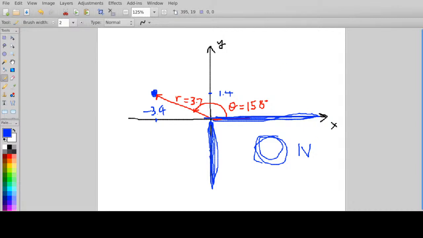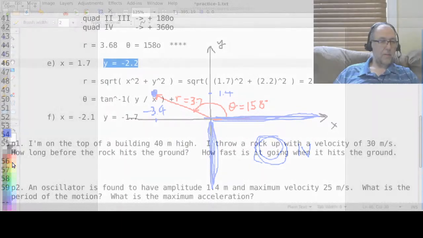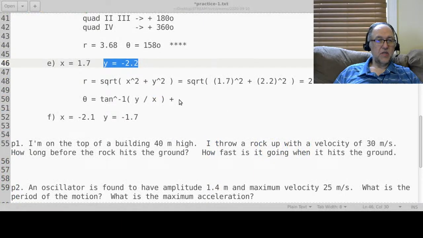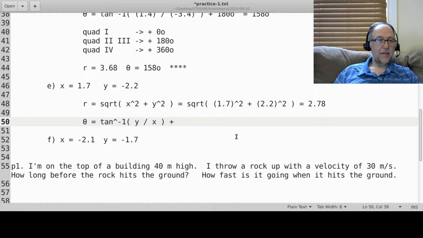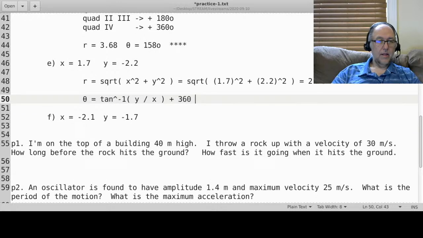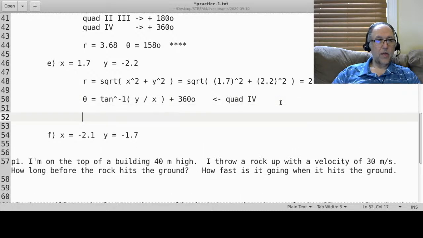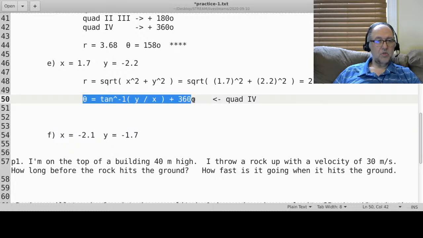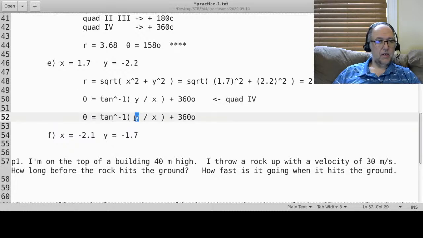So you need to determine that to decide what to add here, okay? And so for quadrant 4, you add 360 degrees. And you could just write to the side here in your notes, quad 4. Okay, quad 4. And now let me show you the numbers substituted in.